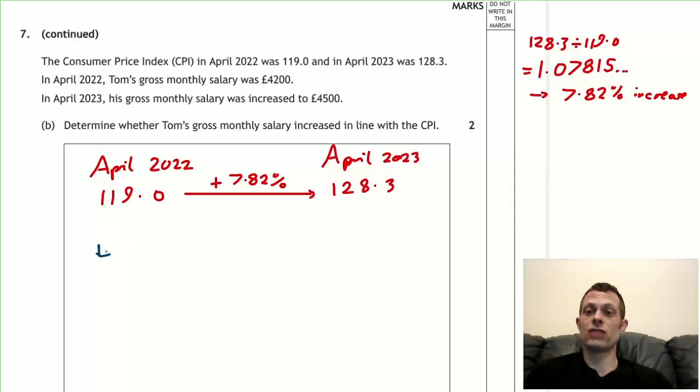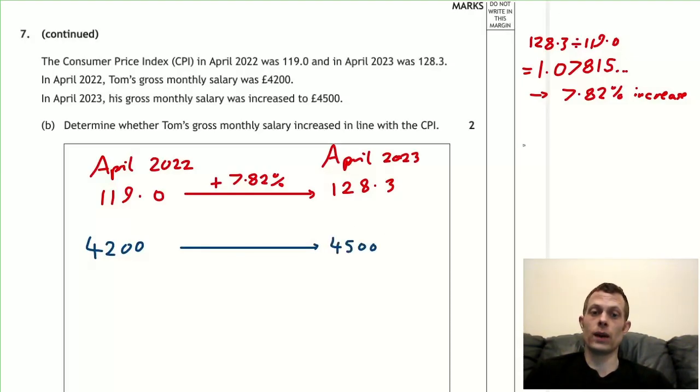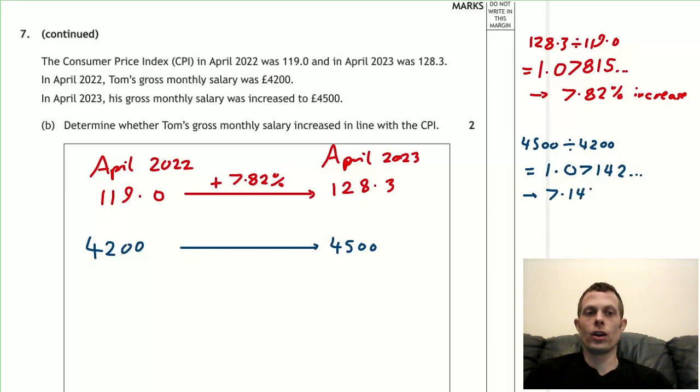What about his salary? Well, let's find out. So his salary was £4,200 per month, and then it's going to £4,500. We'll do the same thing, new divided by old, and we will get 1.07142. So 7.14% increase, not quite keeping up with the 7.82% inflation.